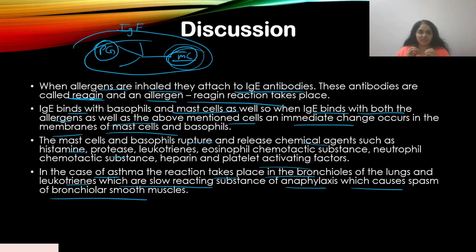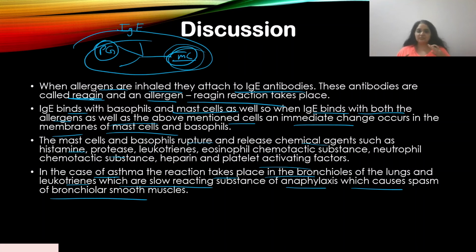Now when these leukotrienes are released, it causes smooth muscle spasm. The contraction of bronchioles begins to happen and the person finds it very difficult to breathe.